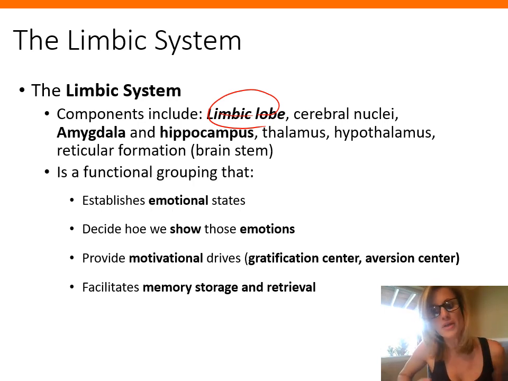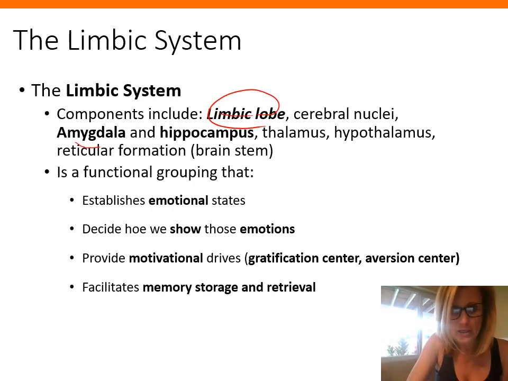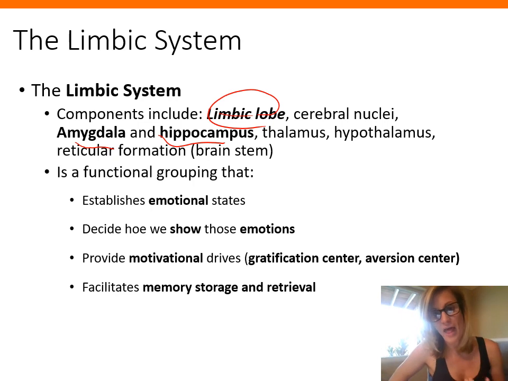Two very important are the amygdala and the hippocampus. Regions of the thalamus and hypothalamus are involved in the limbic system, as well as the reticular formation, which is a structure that stretches through parts of the brainstem.